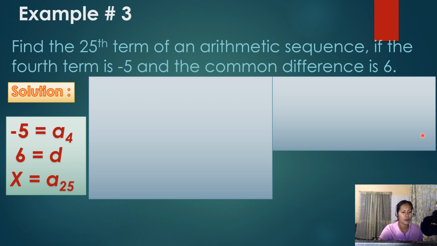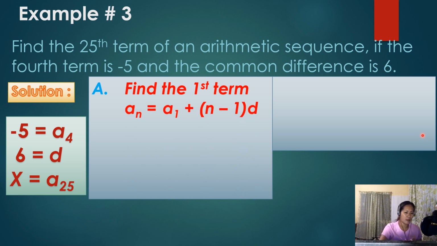In finding the 25th term, first we have to find the first term. Again, by using the formula, we have a sub n equals a sub 1 plus the quantity n minus 1 times d. So we only have our a sub 4 and the common difference.